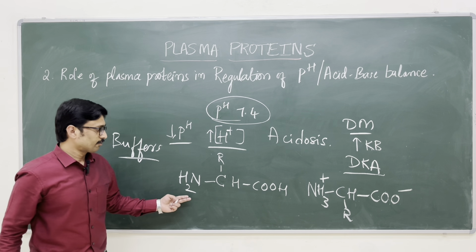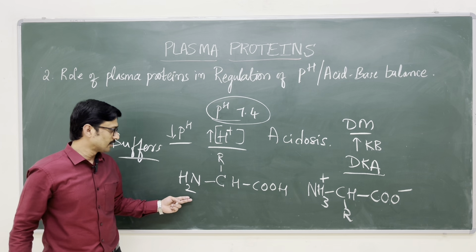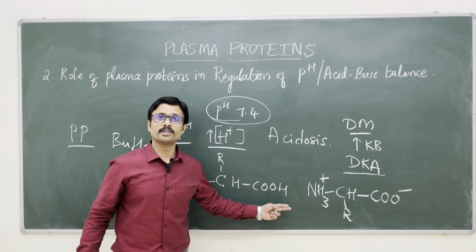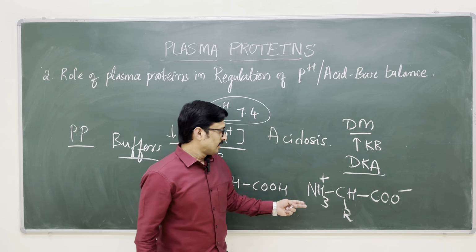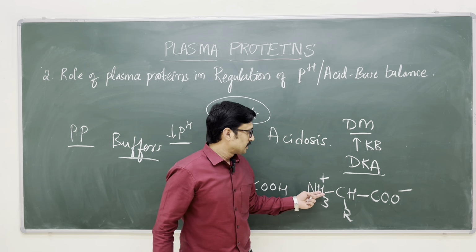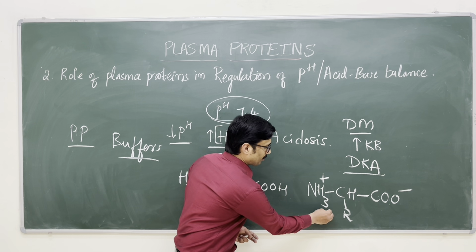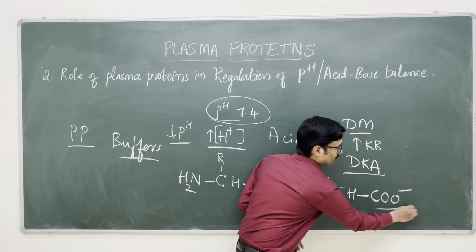So this is the structure of the amino acid or the plasma protein monomer. One side is the amino terminal, the other side is the carboxy terminal. In solution, the amino acids are in a charged state, so we call it the zwitterion state. So it is NH3 plus on one side, COO minus on the other side.